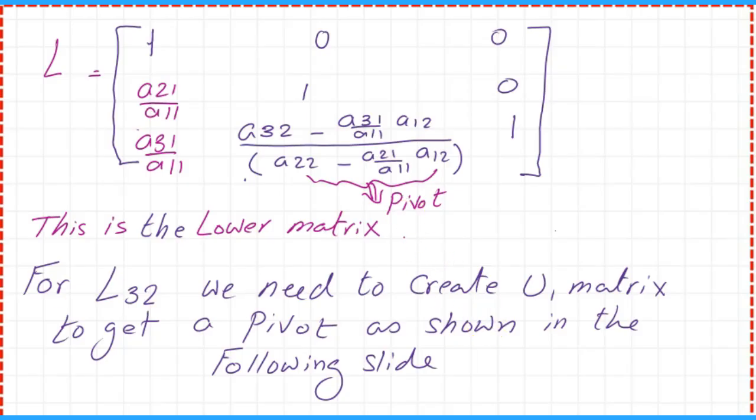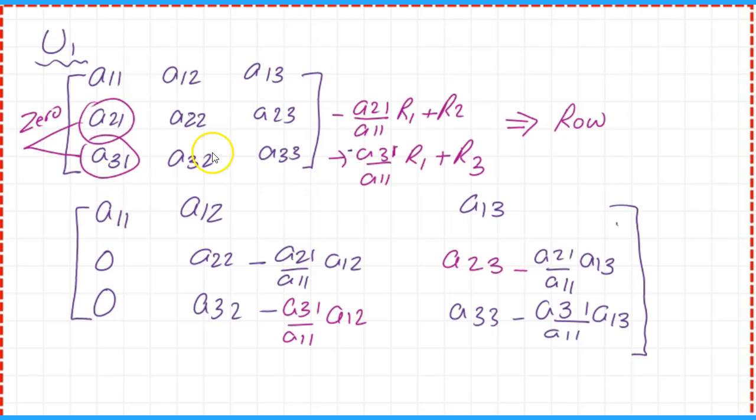Let us see what the U1 matrix is. This is the U matrix: A11, A12, A13. We need these two elements to become 0 by multiplying the first row by minus A21 over A11 and adding to the second row. And we multiply A31 over A11 by minus 1 times the first row and add to the third row.